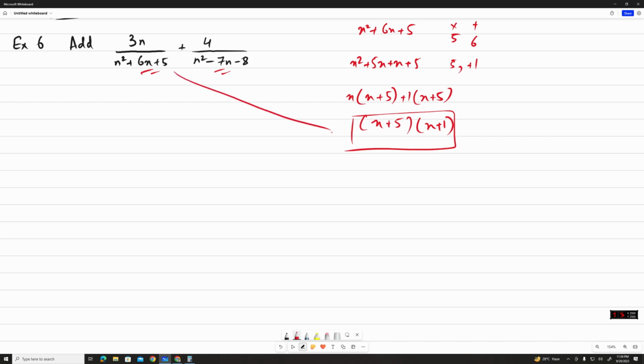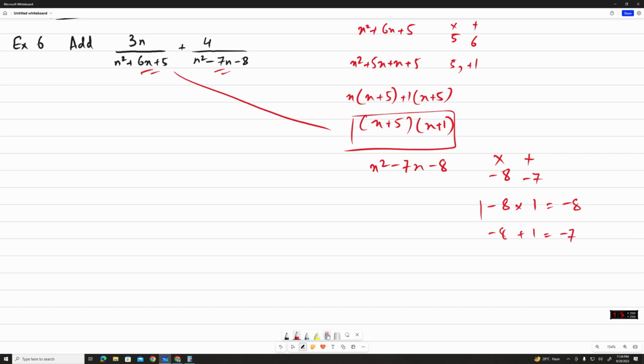Right? Now we will solve the other one. X squared minus 7x minus 8. What two numbers when we multiply give minus 8 and when we add give minus 7? It's going to be minus 8 and 1. When we multiply gives us minus 8. When we add gives minus 7.